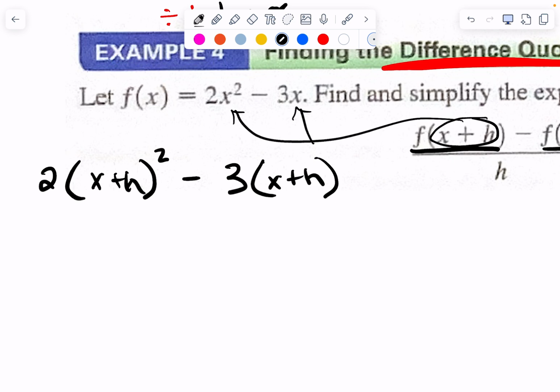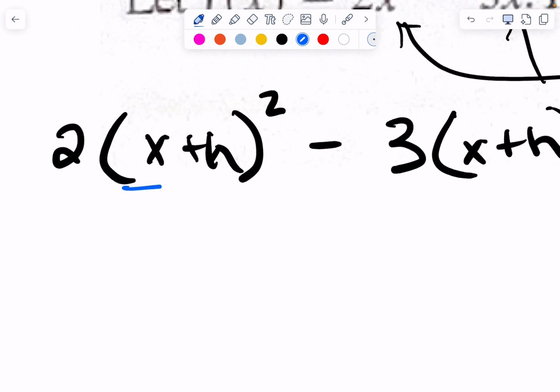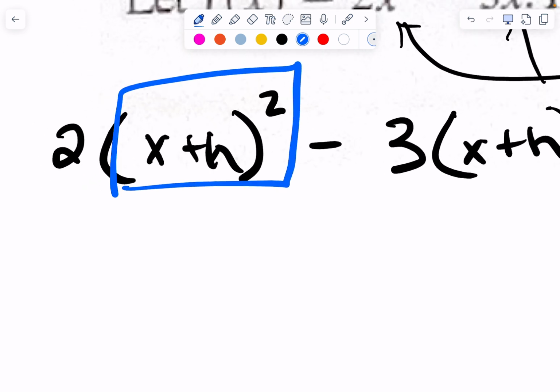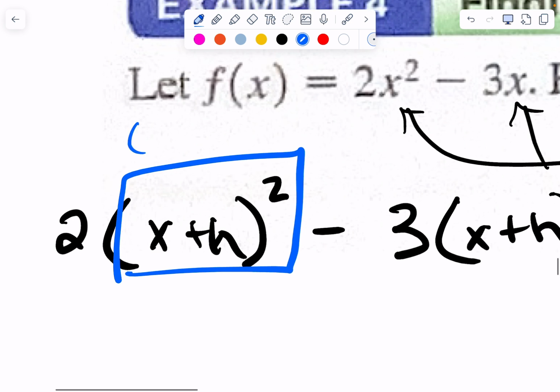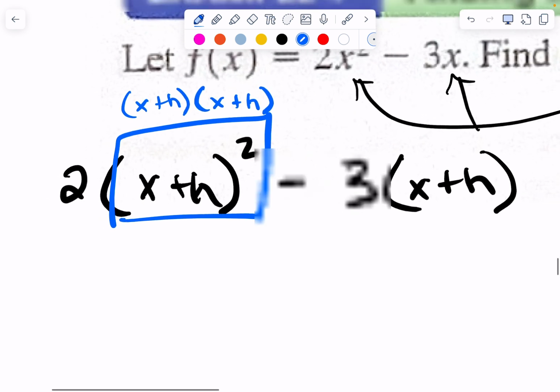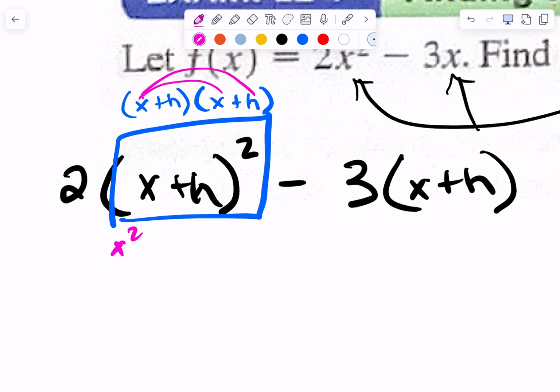Okay? Now this is the disgusting part, because this thing I have to FOIL. So x plus h times x plus h. X times x is x squared. X times h, what should we call that? Like xh, sure. And then I've got another middle xh, so plus another xh, plus h squared, right?